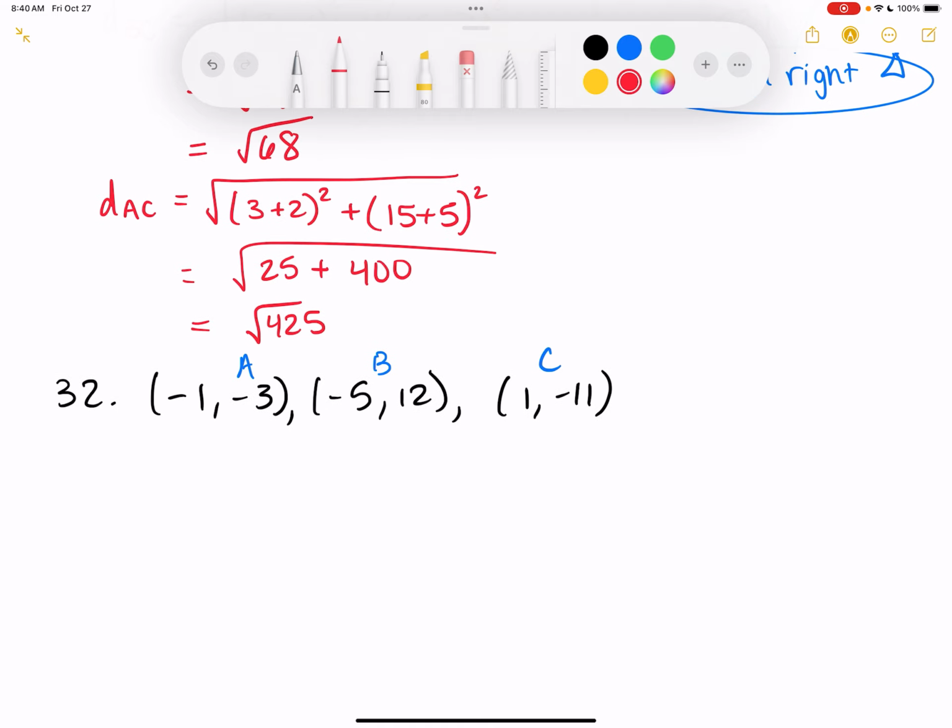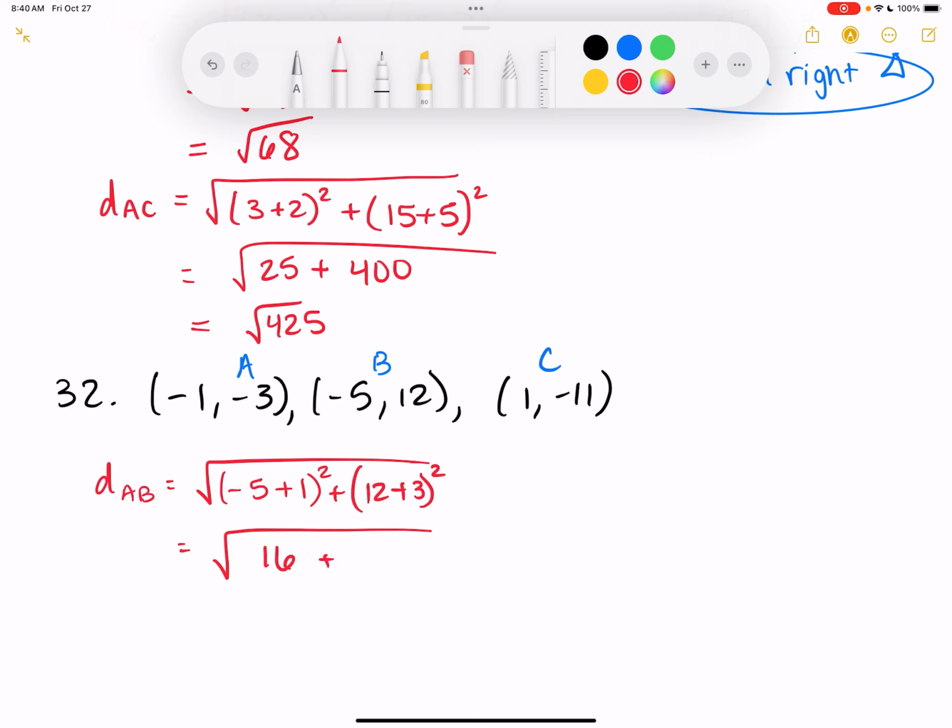So distance between A to B, square root of -5 minus negative, so +1 squared, plus 12 minus negative, so +3 squared. So that's the square root of -4 squared is 16, plus 15 squared is 225. So that ends up being the square root of 241.